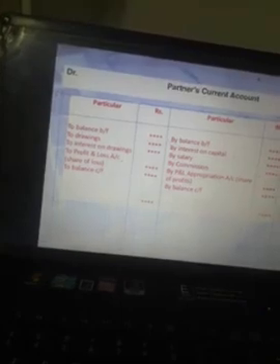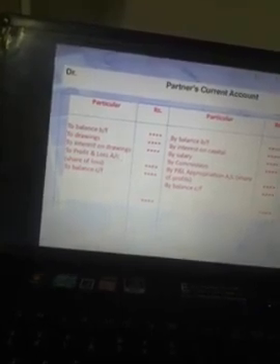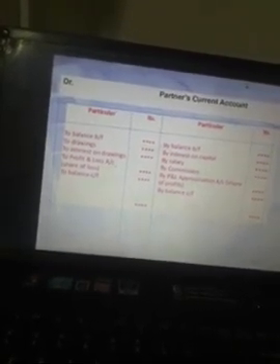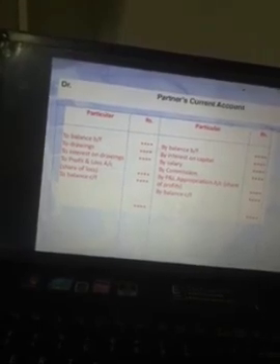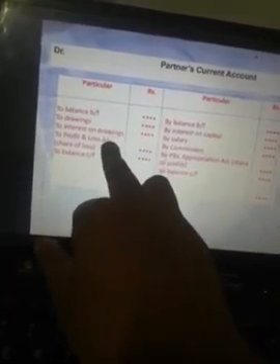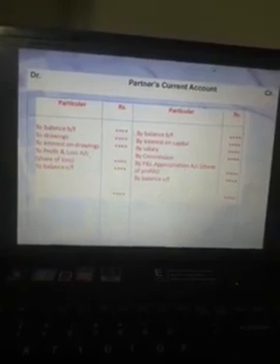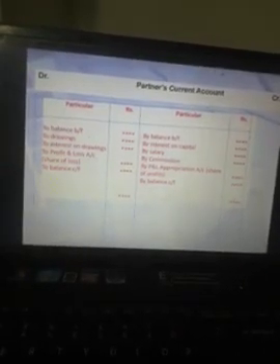Only these four things will be prepared, and all the remaining entries of expenses and income related to partners will be posted to their current account. Interest on capital, salary, commission, P&L appropriation, that is the share of profit, drawings, interest on drawings, share of loss, etc. So basically this is the very first difference between the fixed capital and fluctuating capital.